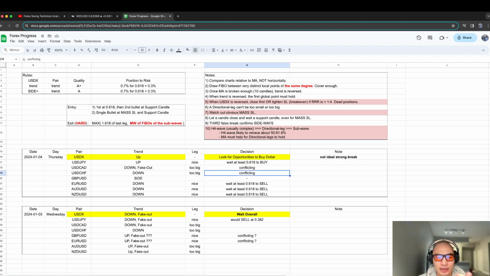Then we can trade all these pairs, and we want them to retrace into at least a 0.61 Fibonacci retracement, then start trading with a good risk and reward ratio.